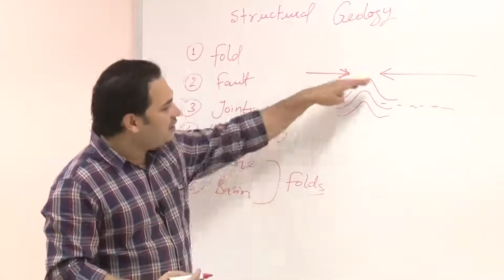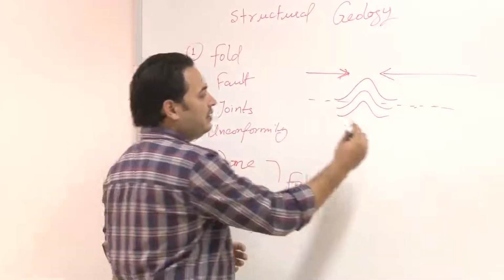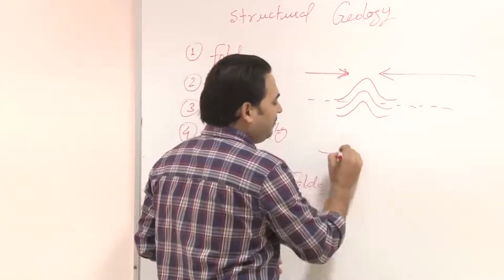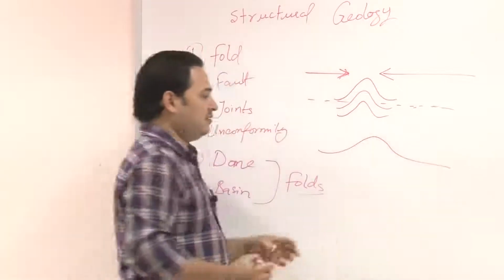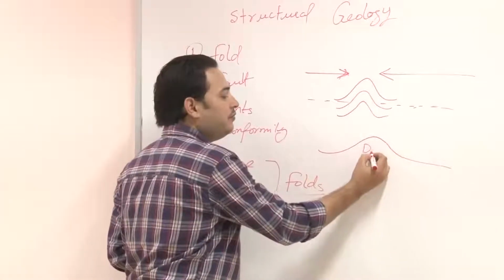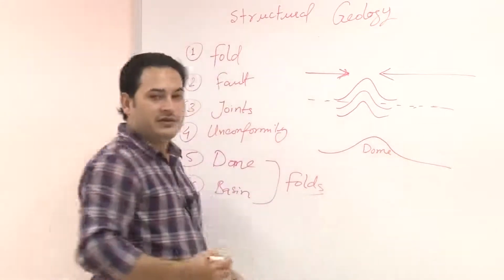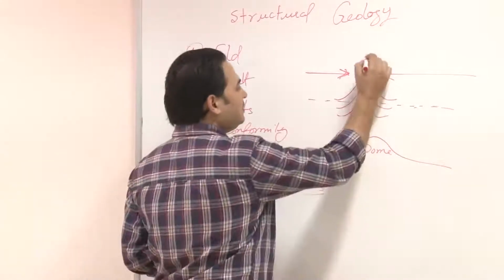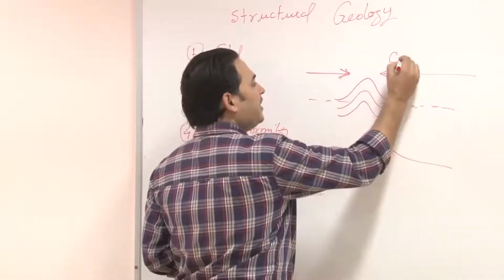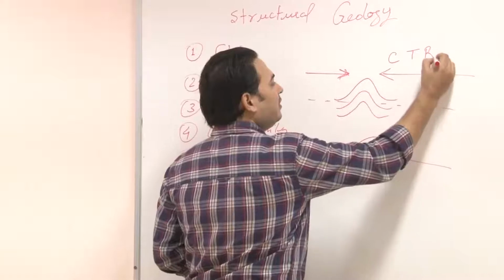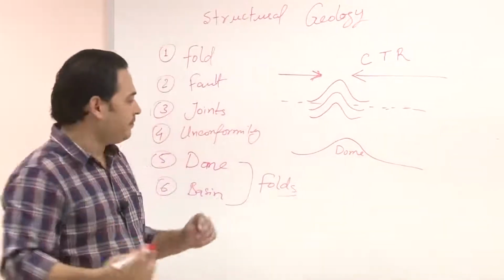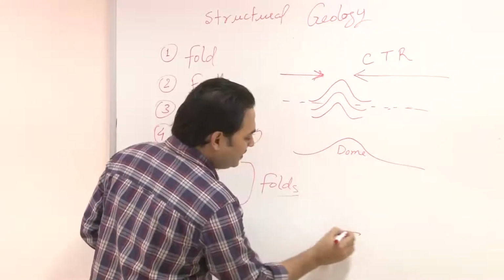Only this part will be left out and it will be reflected on the surface like this, in the form of a dome. Similarly, this was the compressional tectonic environment. Now I am talking about the extensional environment.